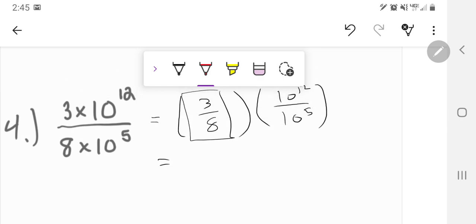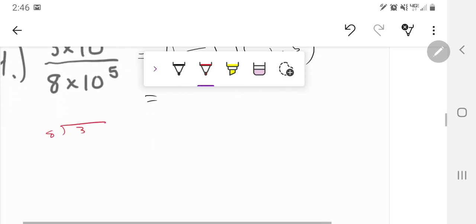All right, so we have to go 8 goes into 3. Let's see how we do. All right, so it can't go into 3. We got to put the decimal and a 0. Bring that 0 down.